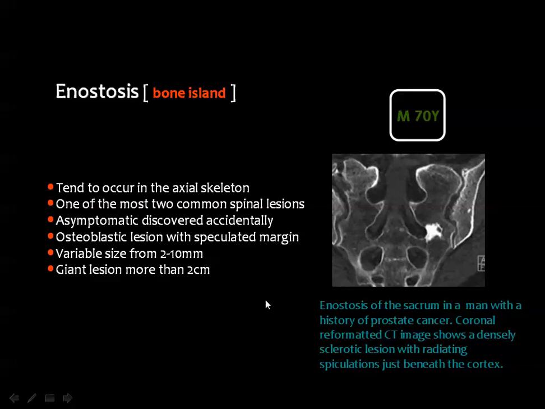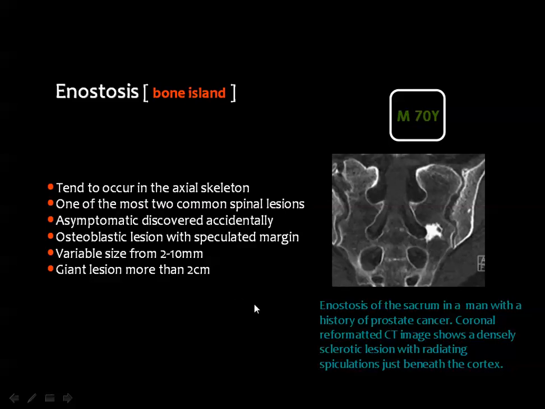And you know that enostosis or bone island is a sclerotic lesion that can occur in the axial or the peripheral skeleton. It is asymptomatic and is usually accidentally discovered. If you perform a bone scan, it may show warm uptake, and it is a sclerotic lesion in the range of 2 centimeters.